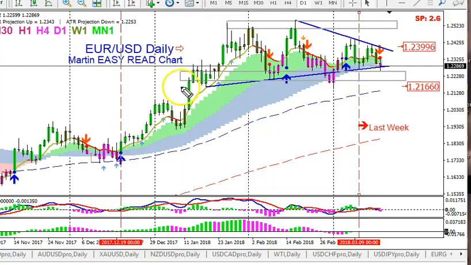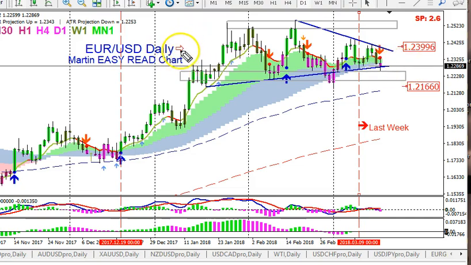We're going to start with the Euro USD daily, and I've got something new for you this week. I will always now include a little arrow right beside the name of the currency pair that we're looking at, and you can see the arrow is sideways. It's red, which means price could possibly go down further or sideways.